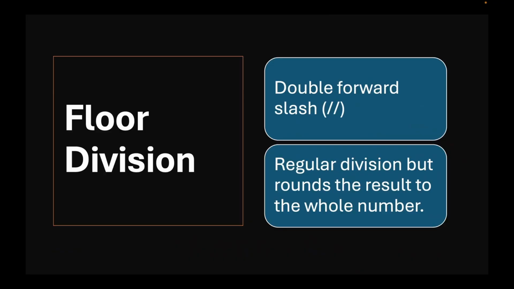Here comes the floor division. It is represented by double forward slash, and it's a regular division operator but rounds the result to the whole number. It always gives output as an integer value. So let's go and write some code for floor division.